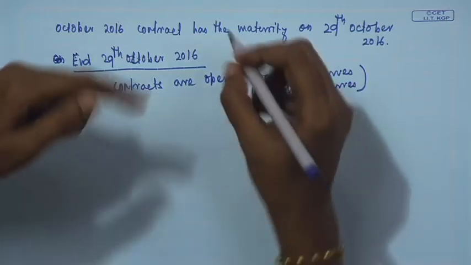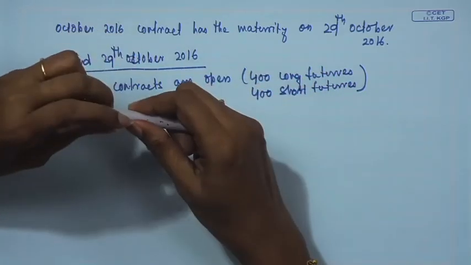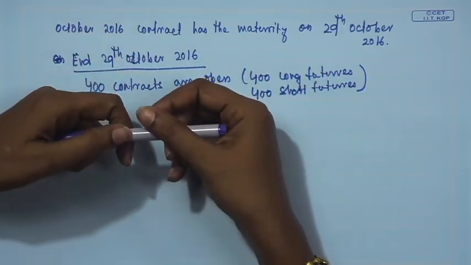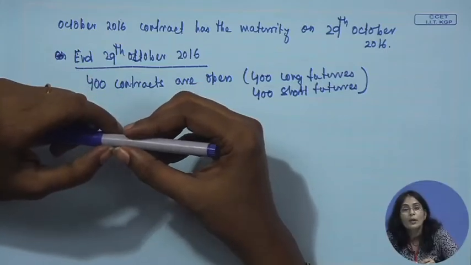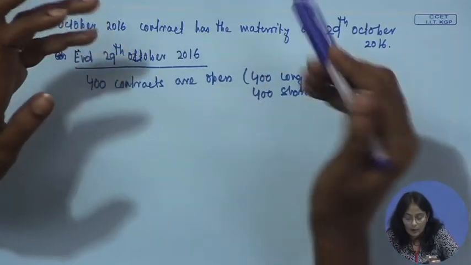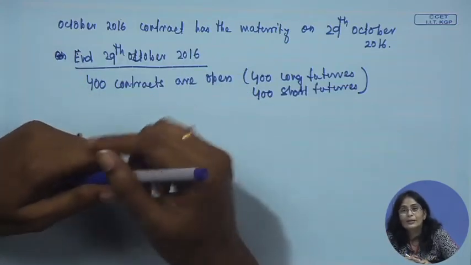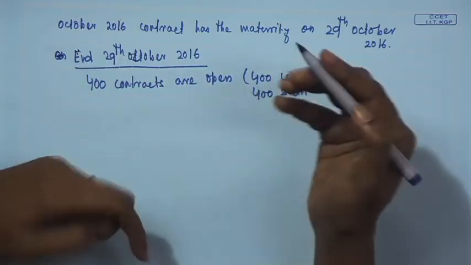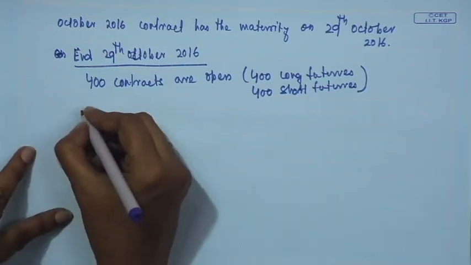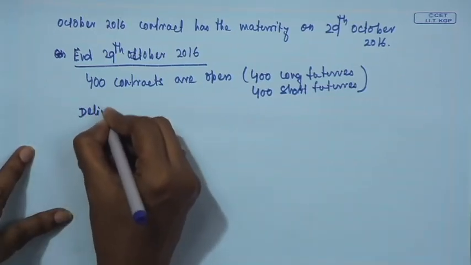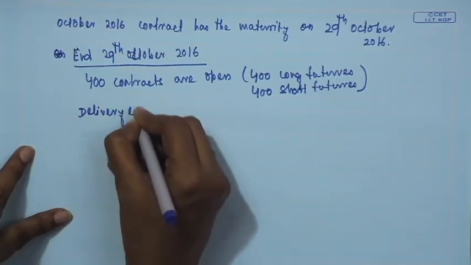If you recall, when I was discussing the contract specification part, we discussed the delivery logic. For a cotton contract, the delivery logic was compulsory delivery. So, let us first spend some time on understanding what are the different types of delivery logic that can happen.